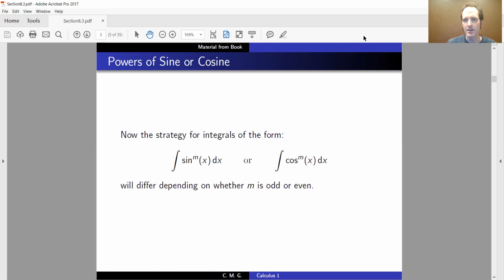There's also a nice general formula for finding these things, but I want to go through the techniques that I would do here, because those general formulas don't help us if we're talking about products of powers of sine and cosine. So we can talk about the parity of m, is it odd or even, and then what to do in each case.